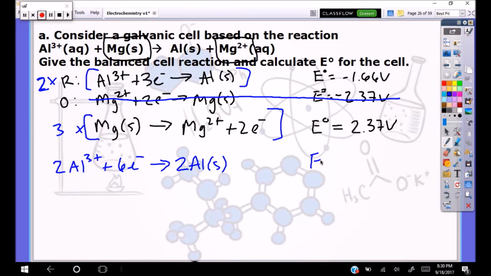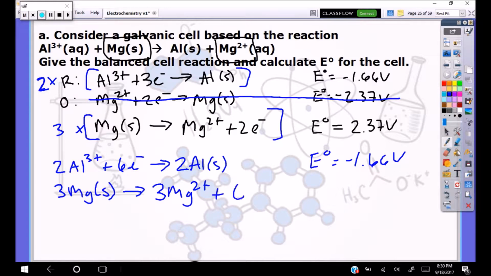Remember that your cell potential does not get affected by multiplying, so it stays the same. We also have 3 magnesium solid and 6 electrons. Cell potential doesn't change.